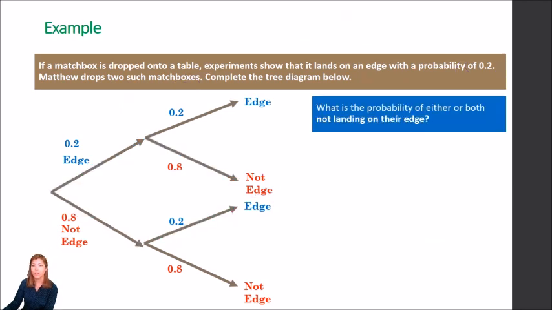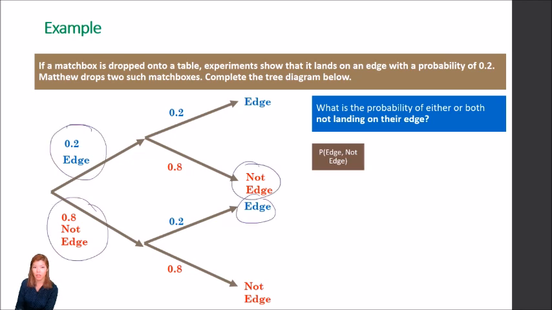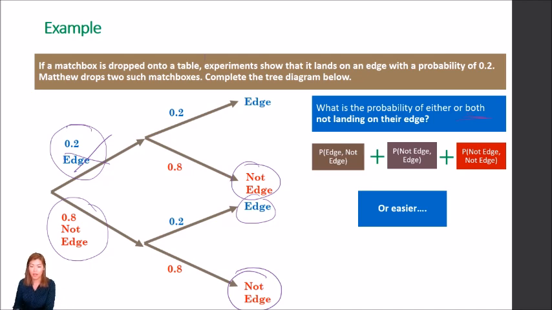Next question. What is the probability of either or both not landing on the edges? Well, either means we don't want the edge for the first one, or we don't want the edge for the second one, or we don't want both edges. Okay, or an easier way would be to realize that we want every combination except edge, edge.